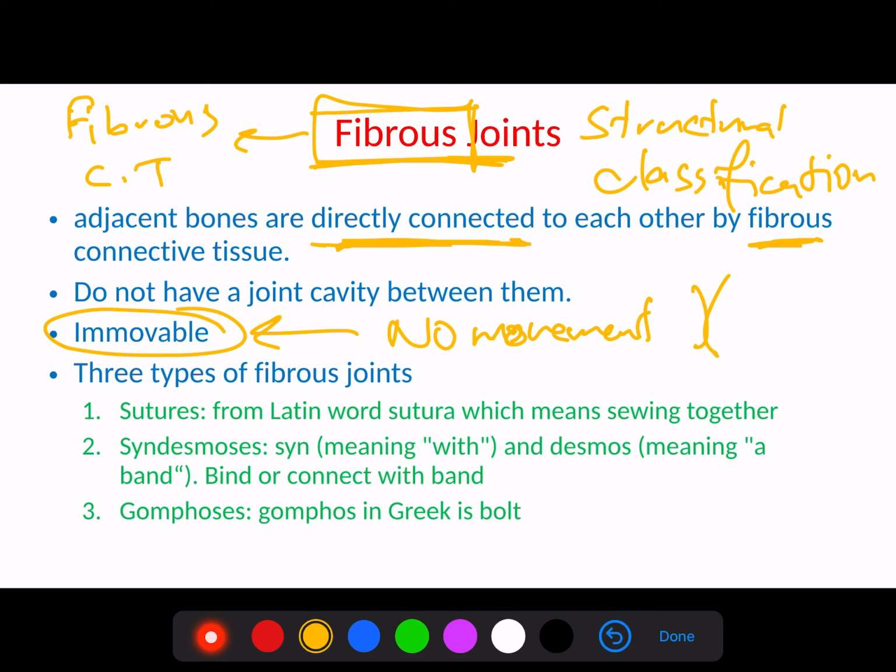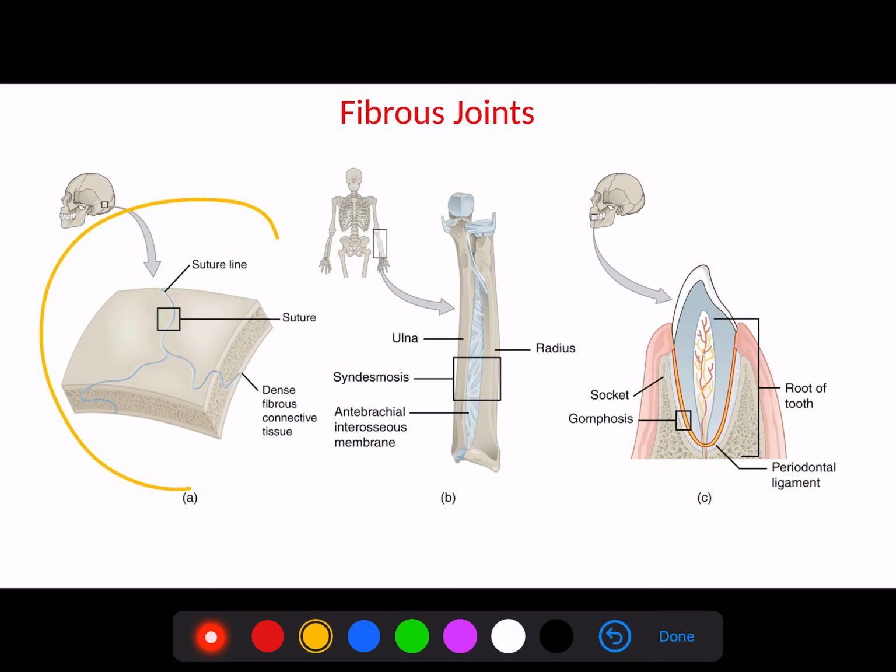We have three types: sutures, the second type is syndesmoses, and the third type is gomphoses. Sutures, you have seen, are in the skull, between the bones of the skull. Syndesmoses are between, for example, the radius and the ulna in the forearm, or between the tibia and the fibula in the leg.